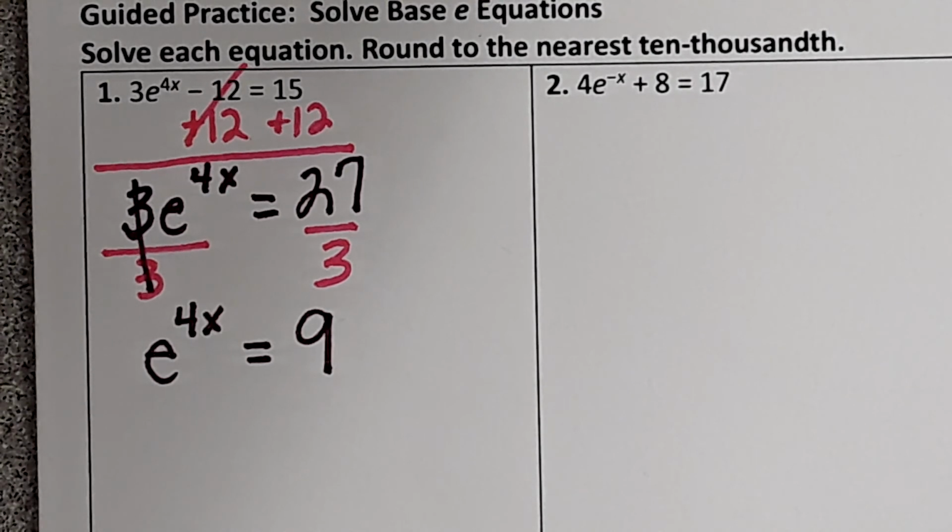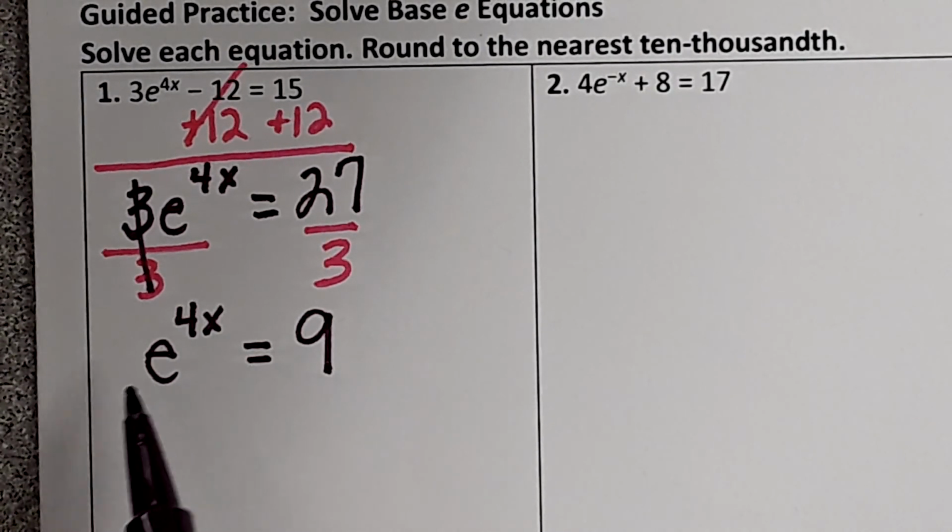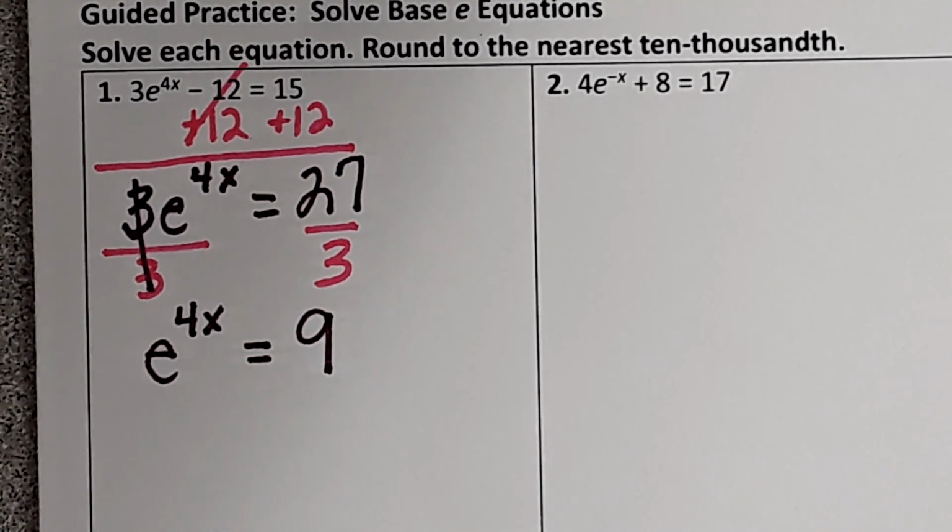Now again, if it's an e or an ln, we're going to isolate the ln part or the e part, and then we're going to take the inverse. Just like we would isolate the square root of x on one side, we're isolating that. Now to get rid of the e, we're going to take the natural logarithm, the ln, of both sides.